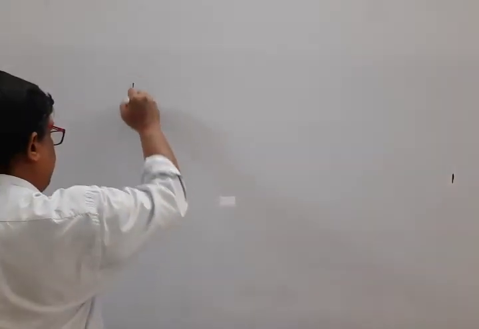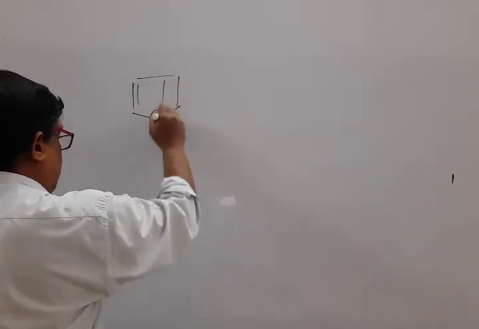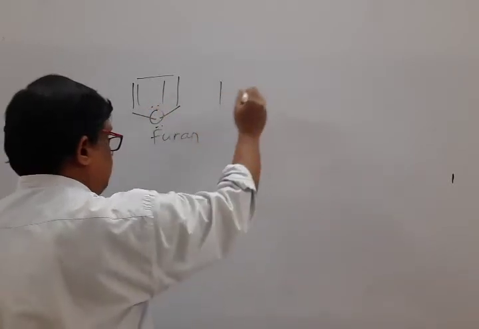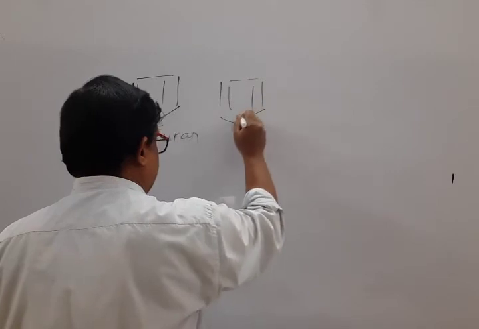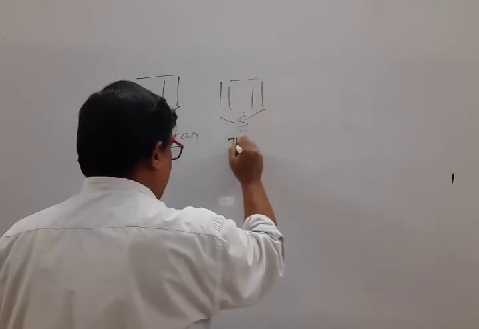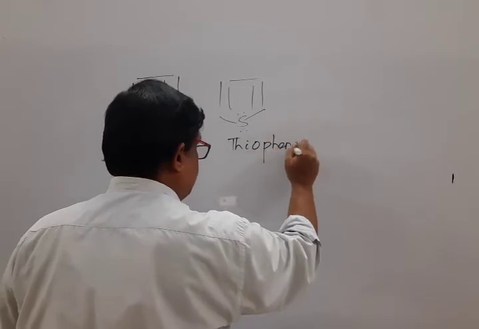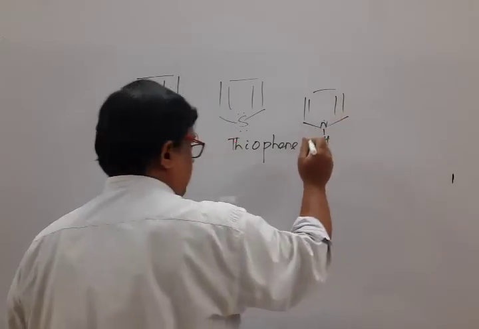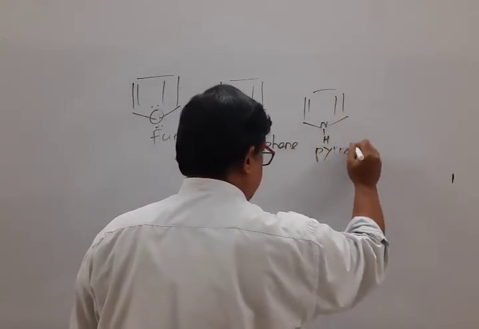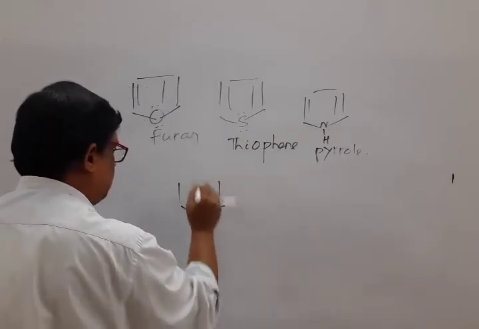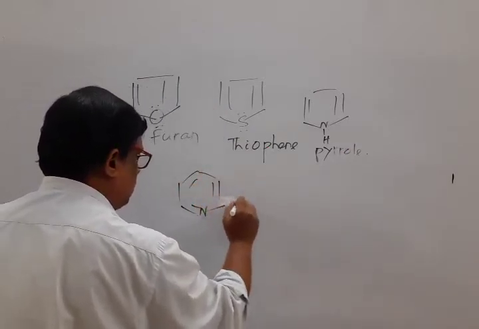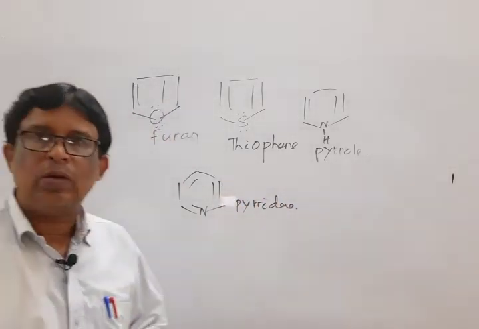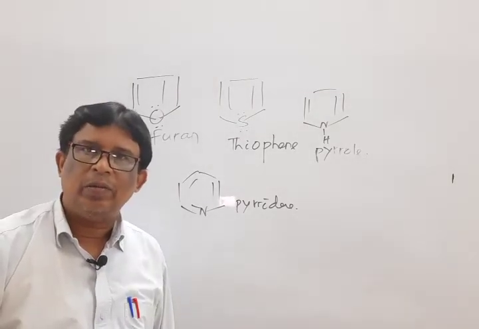For example, furan, thiophene, pyrrole, and pyridine. There is no benzene ring, so these are known as non-benzenoid aromatic compounds.